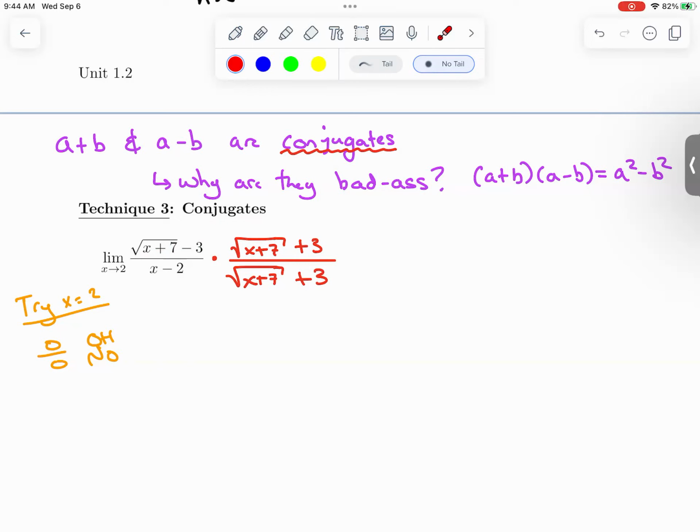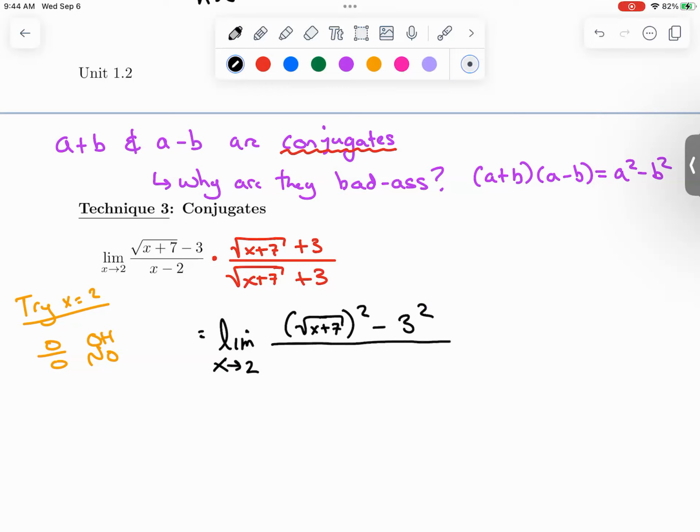So all this is the limit as x approaches 2 of the square root of x plus 7 squared minus 3 squared, all divided by x minus 2 times the square root of x plus 7 plus 3.